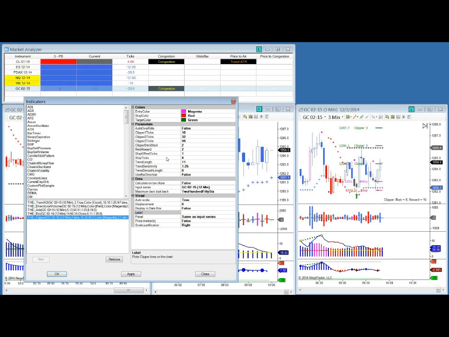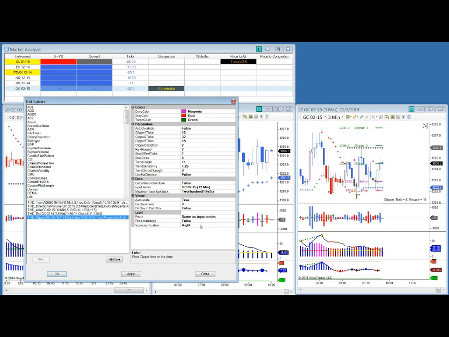Alert. You can set the stop offset ticks. I've got it set to 1. You could set it to anything you wanted. I use bar direction. You can set that to true or false. Now we also have the Clipper flexible, and we have Clipper long and Clipper short, okay? So you could put them on there in any formation that you wanted.